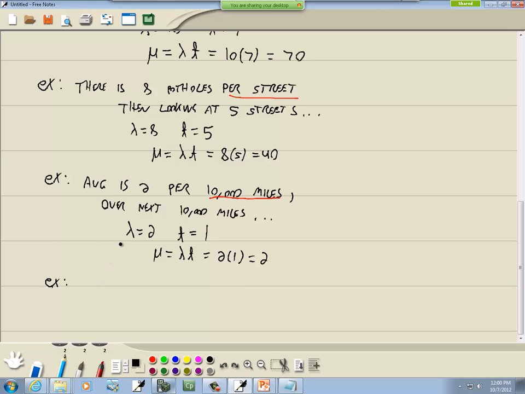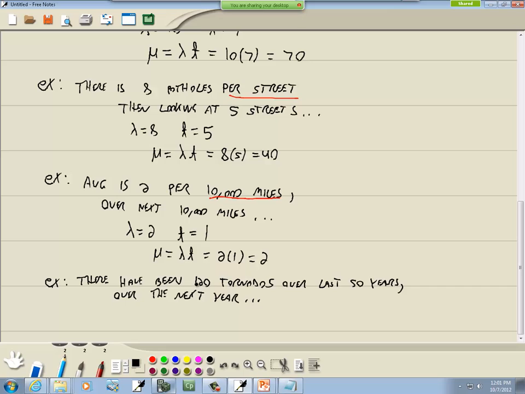Now, the last one's a little bit tricky because it doesn't fit our mu equals lambda times T format. But let me say there have been 120 tornadoes over the last 50 years. And over the next year, dot dot dot.